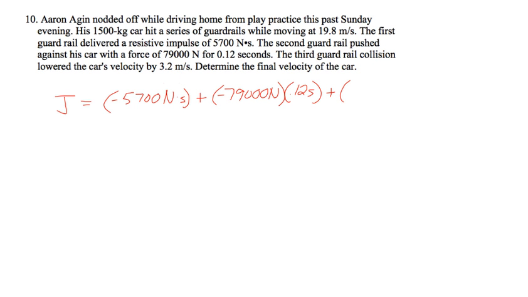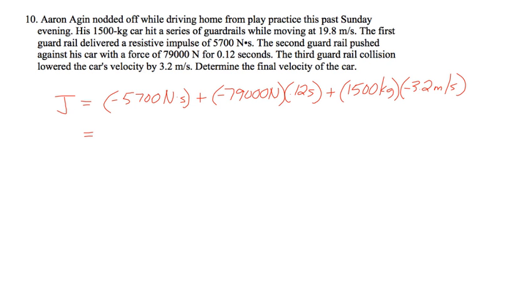So I'm going to have 1,500 kilograms, and the velocity is reduced by 3.2 meters per second. If you add all those up, that's going to give you the total impulse that acts on the car over this time period.